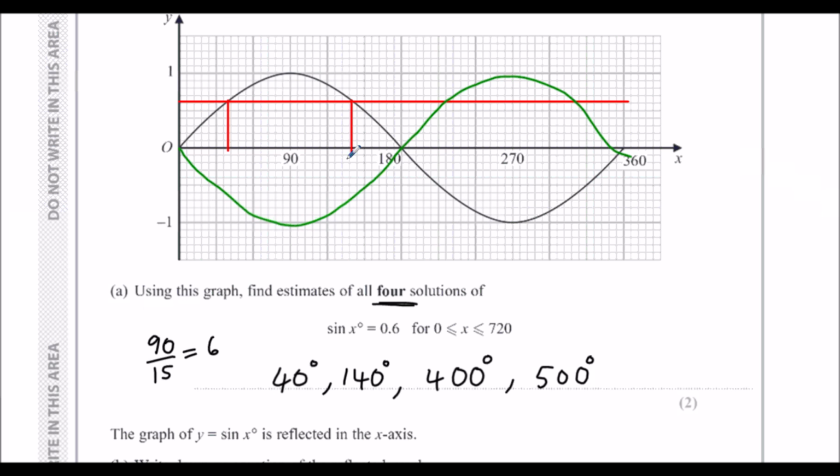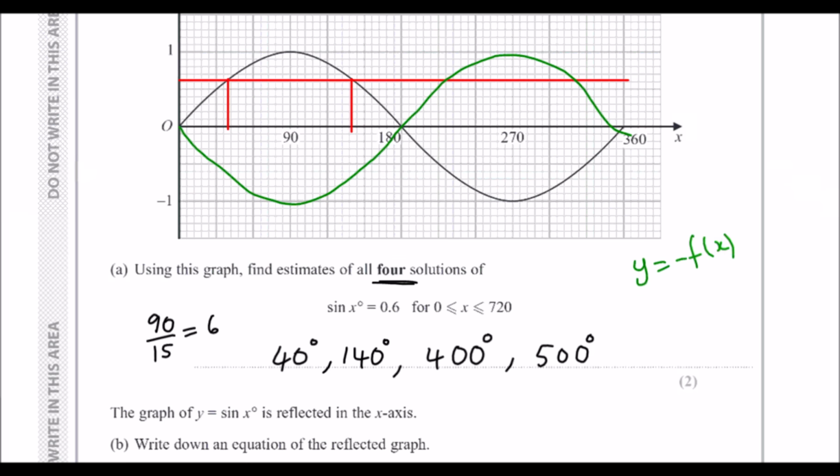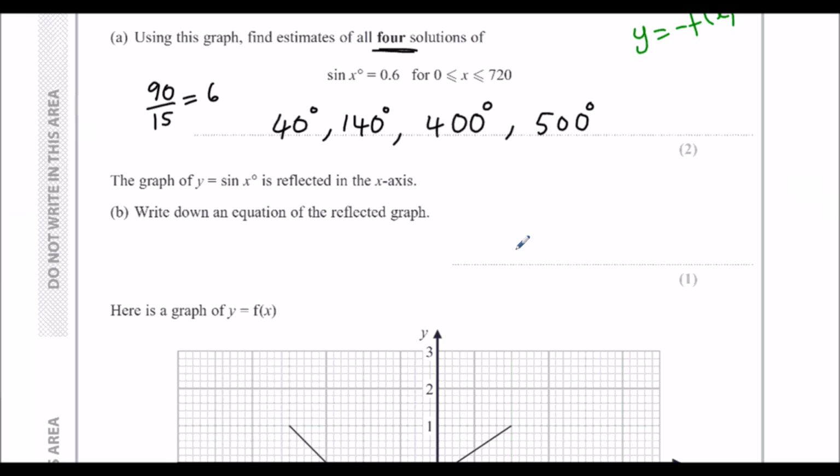So when we have a transformation that changes all the positive y's to negative and all the negative y's to positive, we call that minus f of x. So it's the same equation but made negative. So what's the equation of this line now? It's y equals minus sine x.